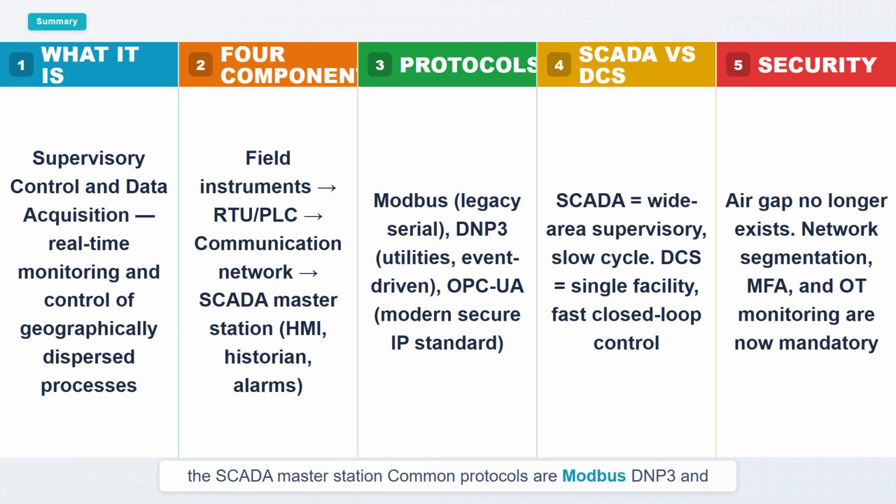Common protocols are Modbus, DNP3, and OPC UA. SCADA differs from DCS in geographic scale, communication bandwidth, and scan cycle speed. The invisible polling architecture determines data freshness and event timing. And SCADA security is now a critical concern as these systems connect to corporate networks and face sophisticated cyber threats.